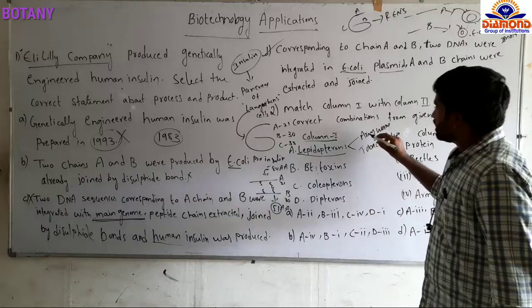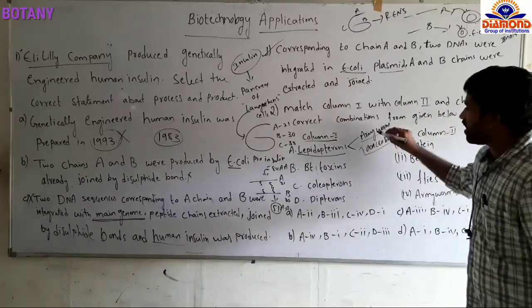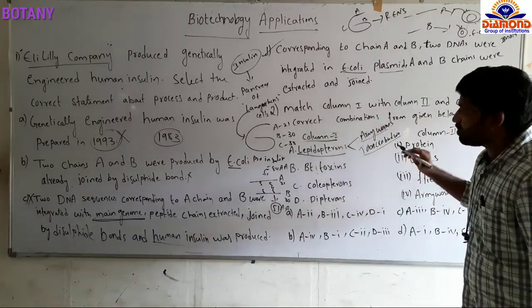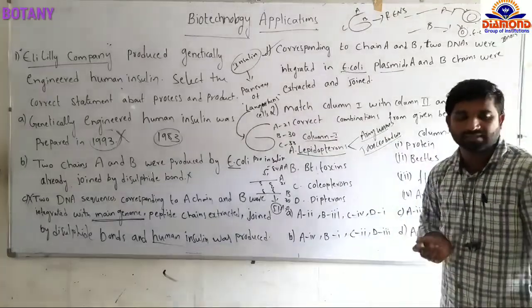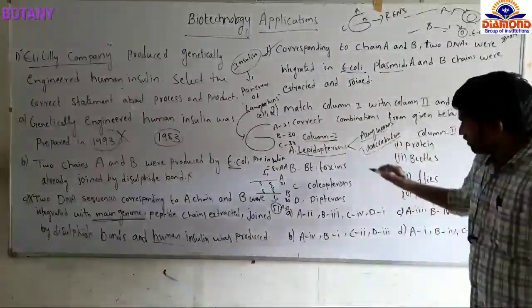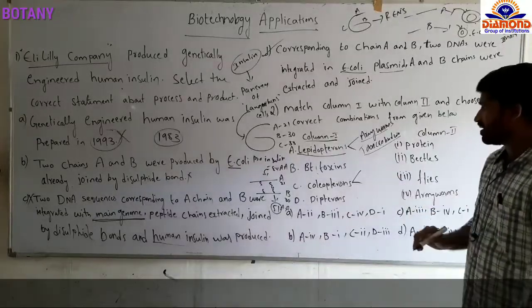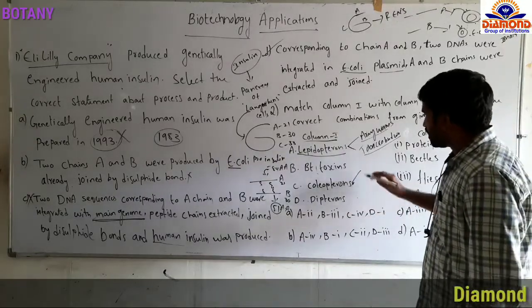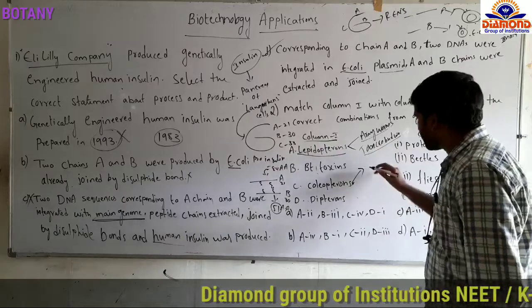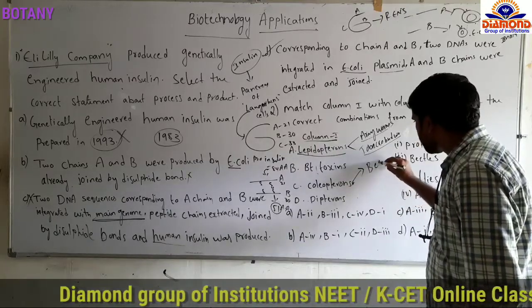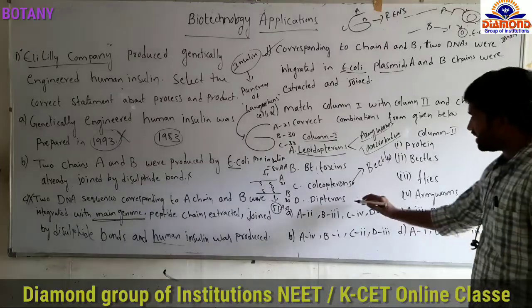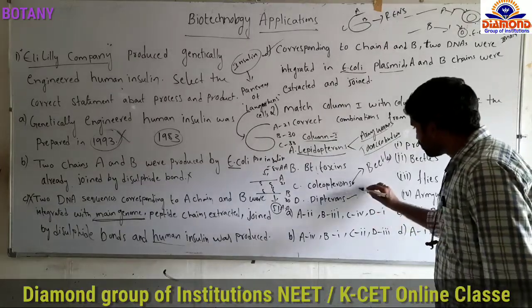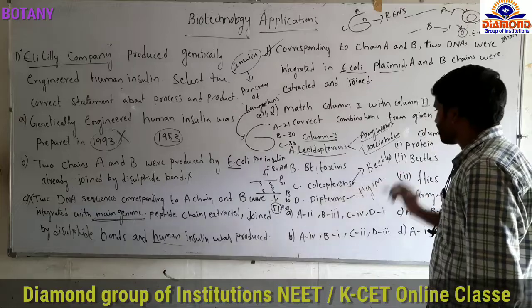These two types of insects are controlled by the BT toxins. In the same way, coleopterans include beetles, and dipterans include flies and mosquitoes.